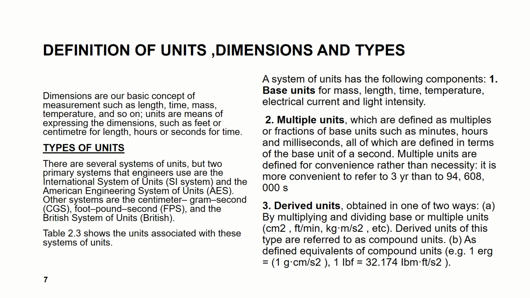Derived units of this type are referred to as compound units. So that's the first classification. And the second classification, they are defined as equivalents of compound units. For example, 1 erg, which is equal to 1 gram centimeter per second squared.